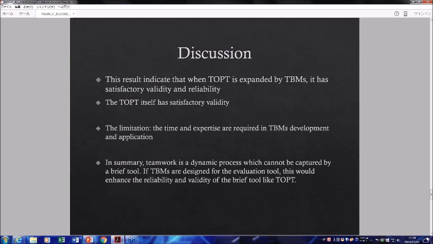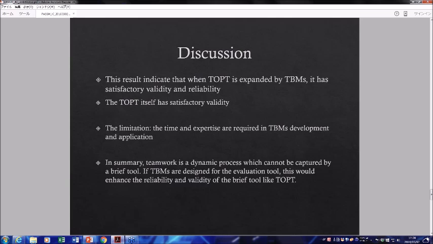First, this research group created a TBM that is specific for each behavior. So when you use TPOT alone, maybe you cannot judge the performance with high reliability because it's highly dependent on the rater's perspective. But if you use TPOT with TBMs, this shows that they can assess with high reliability.